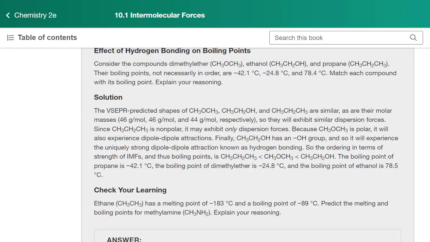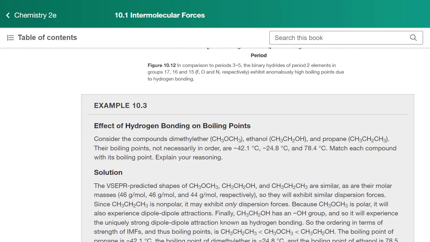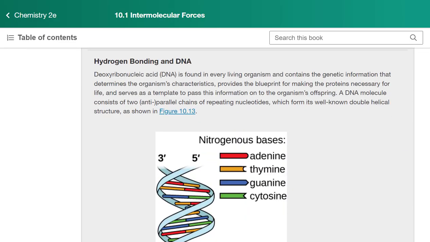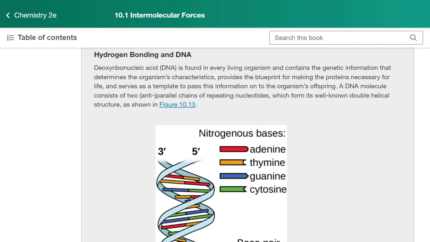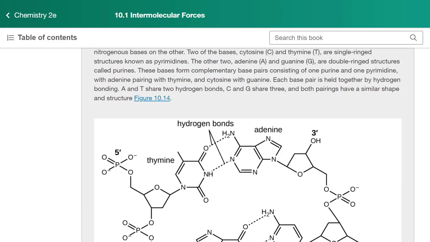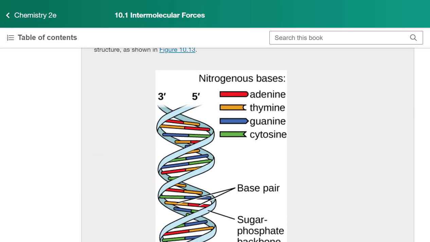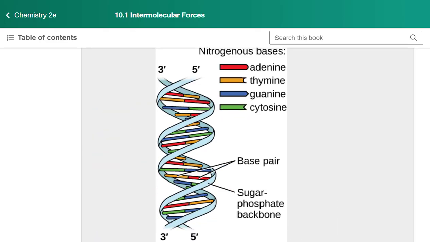One last thing I want to mention, there are some examples in here you can look at as well, is that DNA is a place where hydrogen bonding is happening. We're not going to get into this too much, but the double helix structure in DNA is held together by hydrogen bonds.